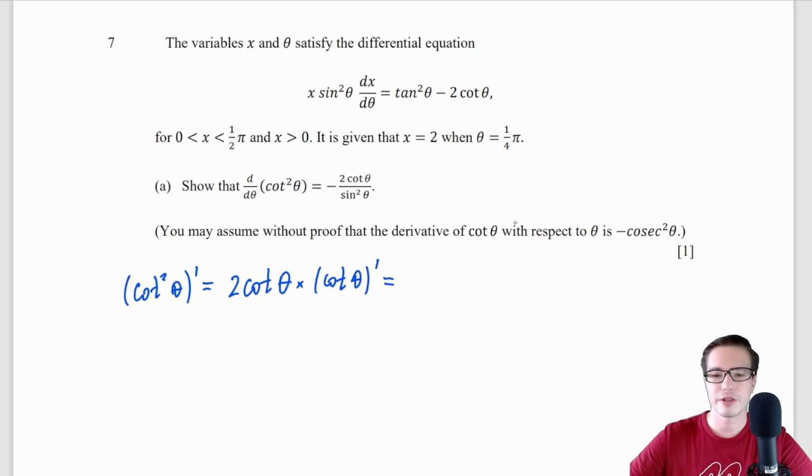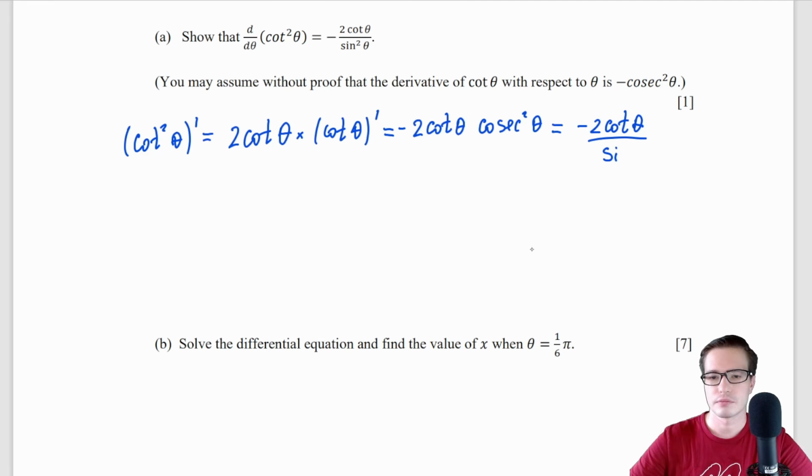And we may assume that it equals minus cosecant squared theta. And what is cosecant? It's 1 over sine. That is exactly what we had to show.